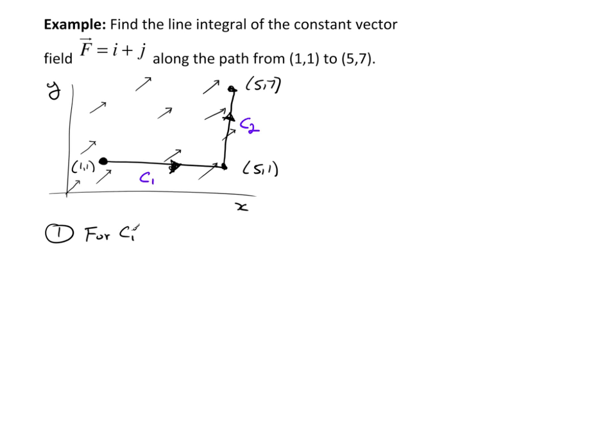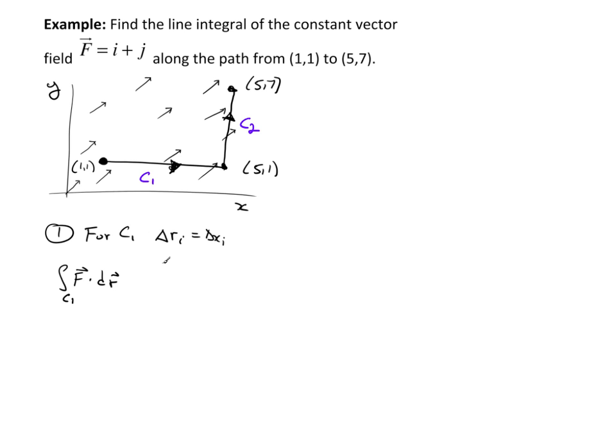For C1, I want to take a look at the integral over C1 of F dot dr. Now, F is going to be (1, 1). But what's dr? I want to actually try to work with this form. And it's not always very easy to do. Well, delta r_i is simply equal to delta x_i, because I'm moving along the x-axis here.